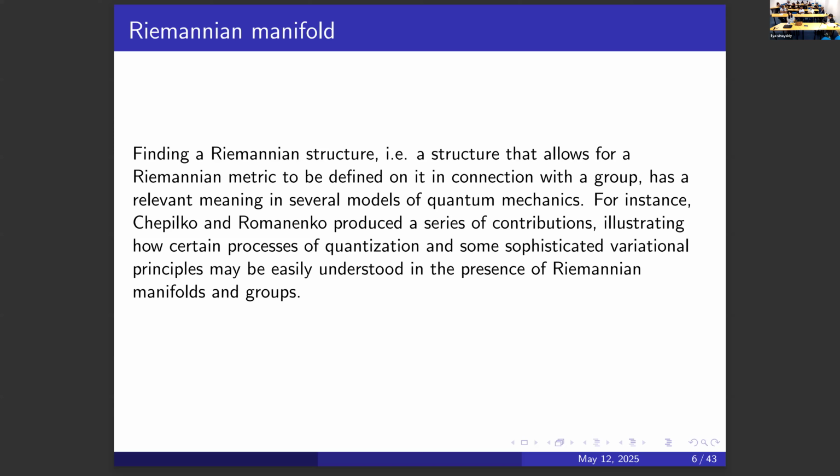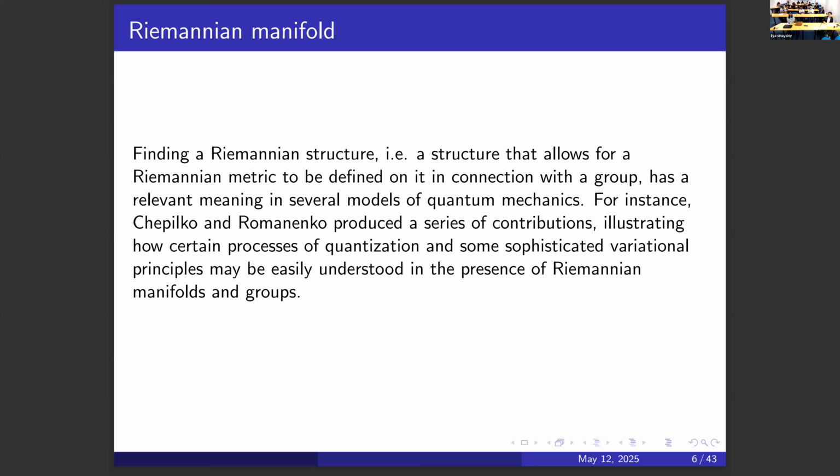So what we did for my paper was essentially find a compact Riemannian manifold of which you can take a fundamental group and then find the Pauli group, at least as a quotient. And so it was important for us to have this Riemannian structure so that when we're doing any applications with quantum mechanics, it will simplify these quantization processes.